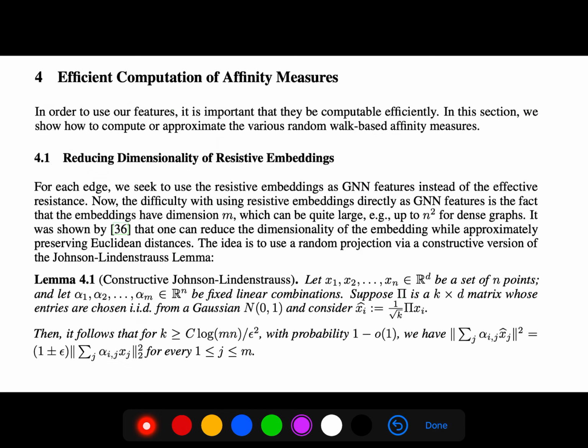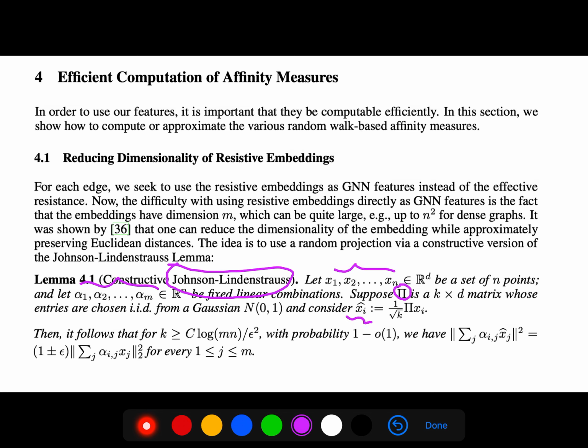So, reducing the dimensionality of the resistive embedding. If you look at my first video on my playlist for graph embedding, you saw that I talked about this important Johnson-Lindenstrauss lemma that says: let's have a set of endpoints. So we have endpoints, and then let these alphas be a fixed linear combination. And suppose pi is a k by d matrix whose entries are chosen IID from a Gaussian.